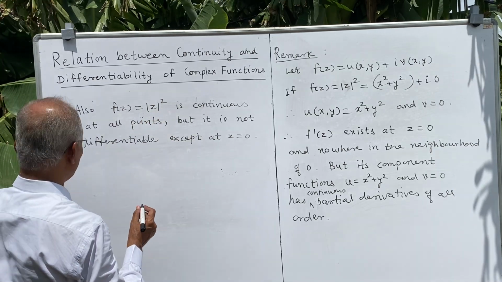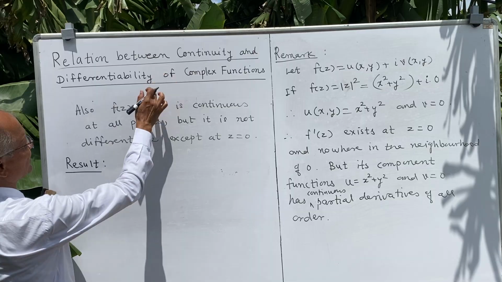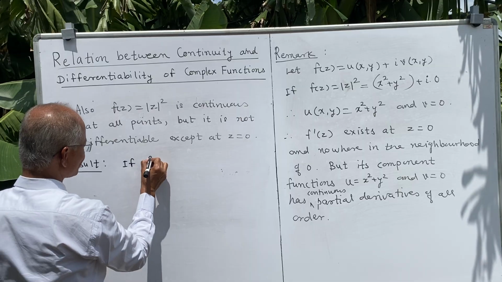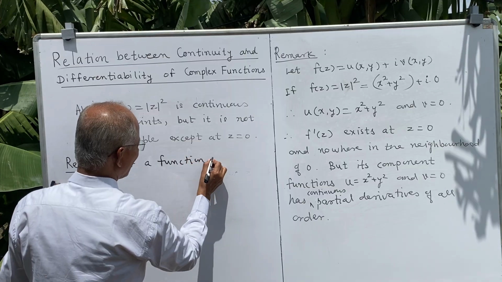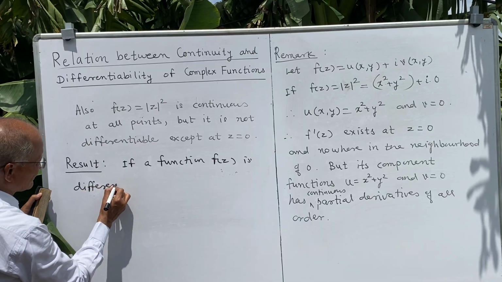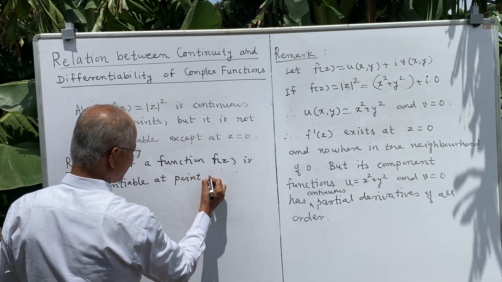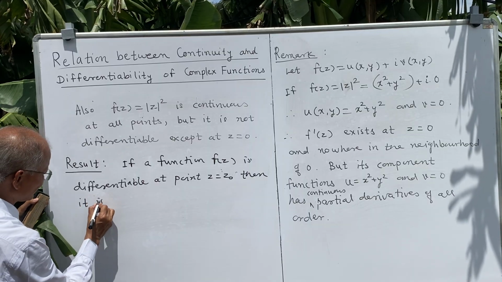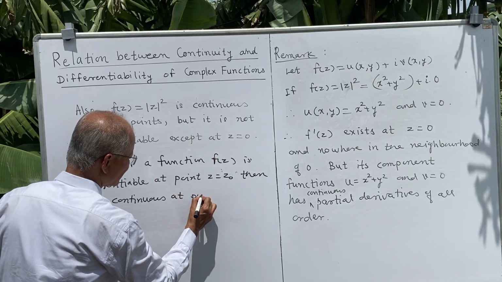Now we will have a result stating a relation between continuity and differentiability. A differentiable function is continuous: if a function f of z is differentiable at the point z equal to z0, then it is continuous at the point z equal to z0.